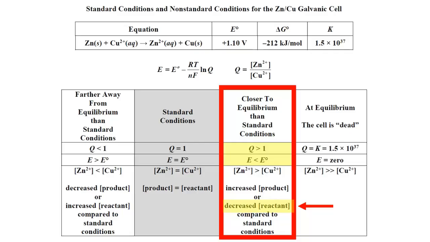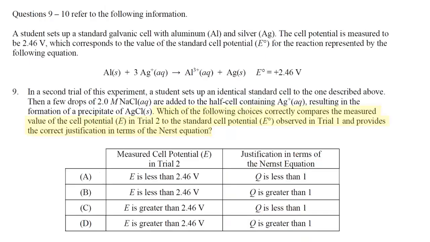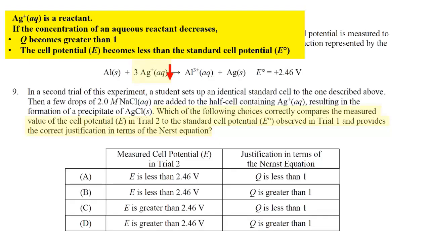How do we know we have a decreased concentration of a reactant? Take a look at where silver ions are located in this reaction. Silver ions are a reactant. So if the concentration of an aqueous reactant decreases, Q becomes greater than 1, and the cell potential becomes less than the standard cell potential.